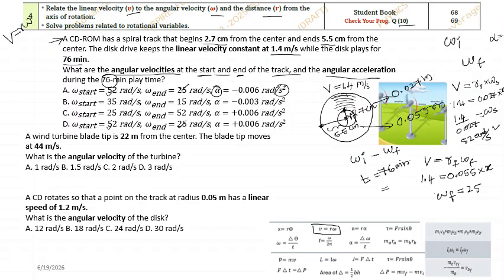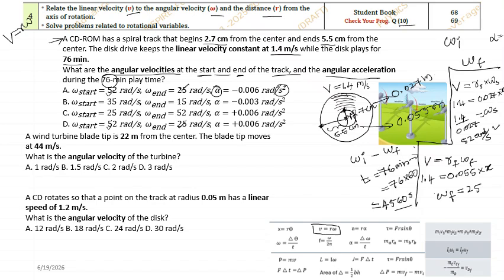So you need to convert this into seconds. How do you convert minute into second? You need to multiply this by 60. So 76 into 60, how much will it be? It will be 4,560 seconds.